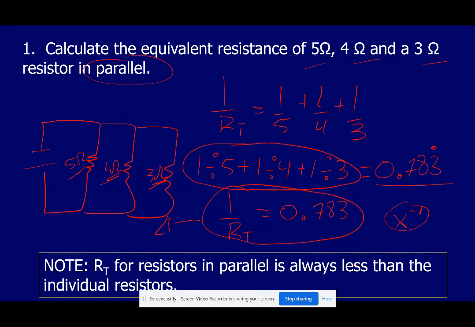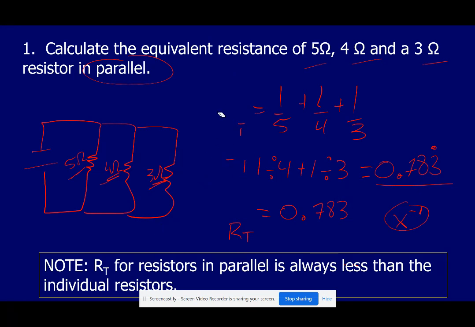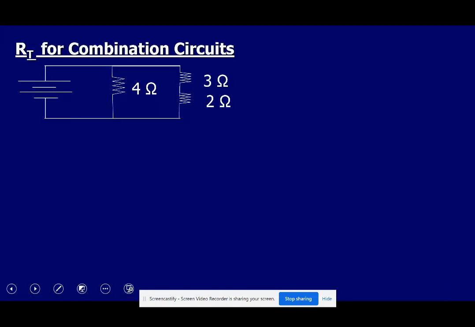And the more resistors you add, no matter how high the resistance is, your total resistance will always be less, as long as you keep adding pathways for those electrons, those coulombs of charge to flow, the current to flow. The more pathways you add, even if they're highly resistive, the less total resistance you're going to have. That's the way that they work in parallel.